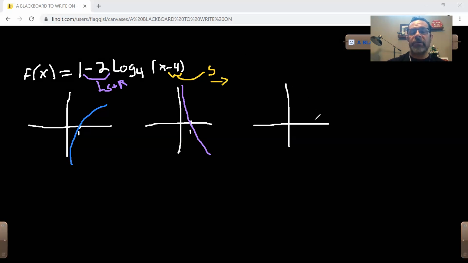So if we had a 1 here and we shifted it to the right 4 units, what would happen there? Instead of crossing in 1, it would now be crossing in 1 plus 4 is 5.